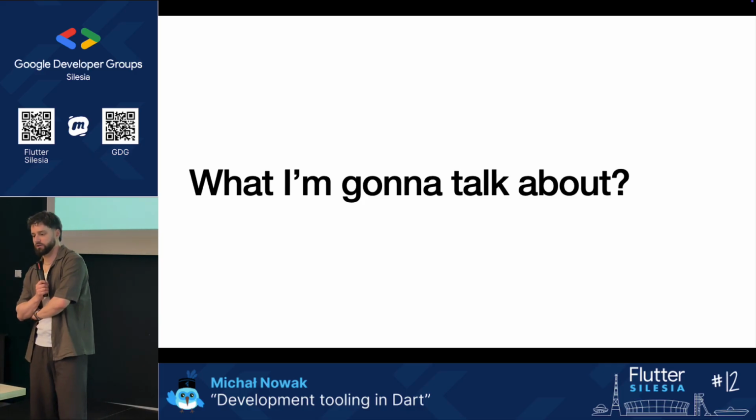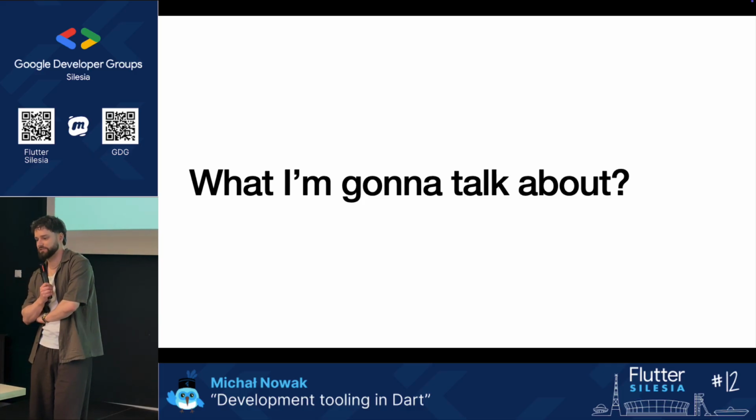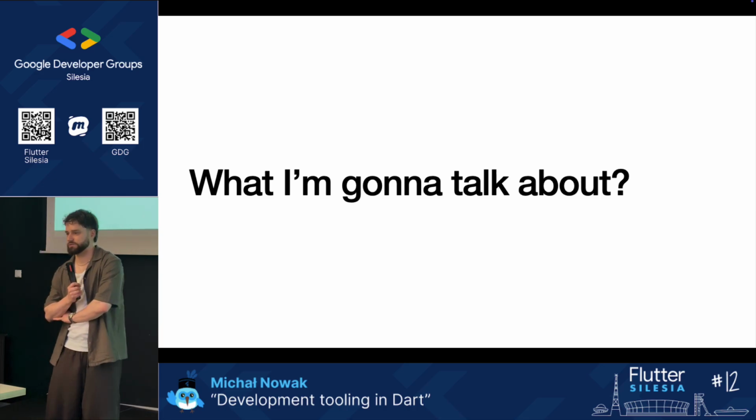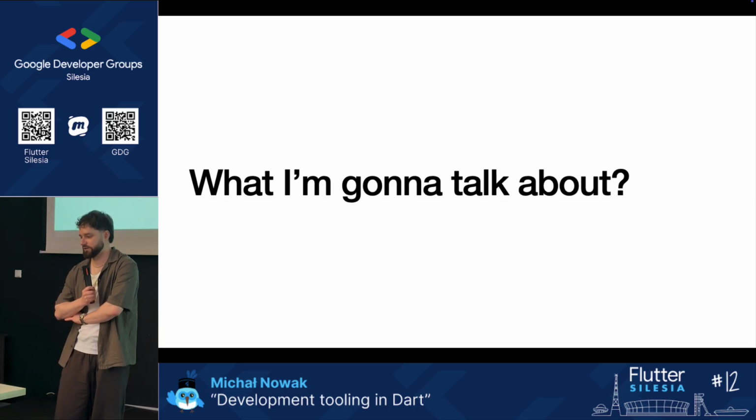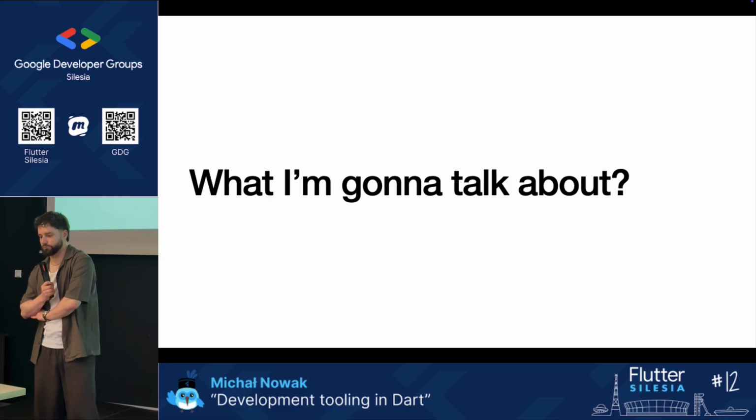So what I want you to take out from this presentation is just some inspiration maybe, or some of the basic knowledge of how to write those automation tools effectively in Dart.